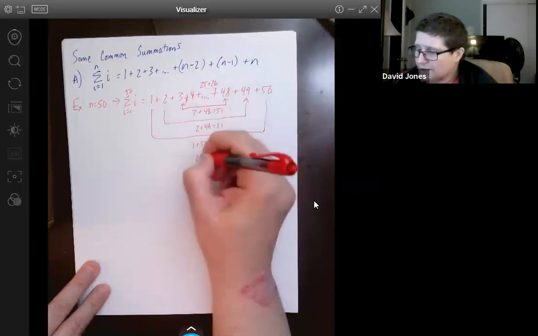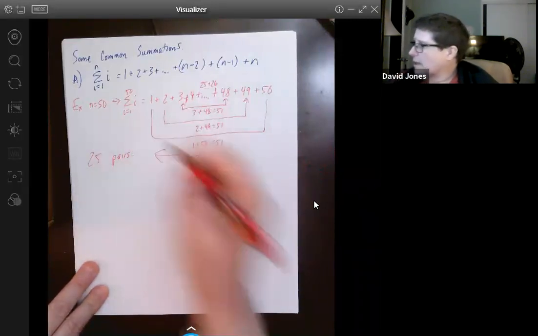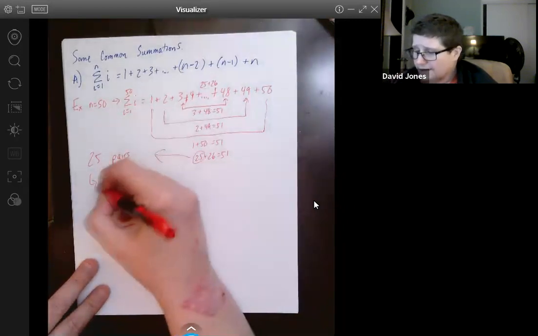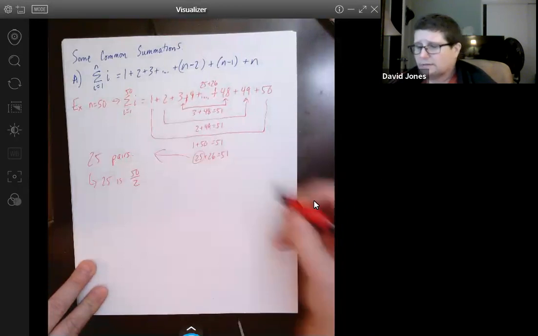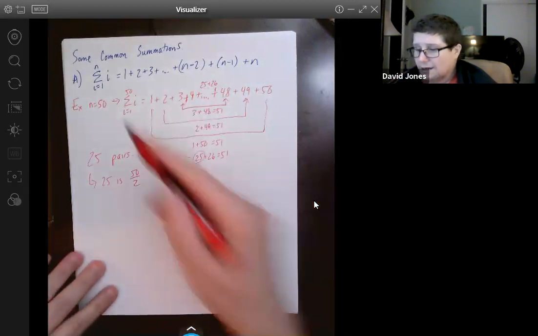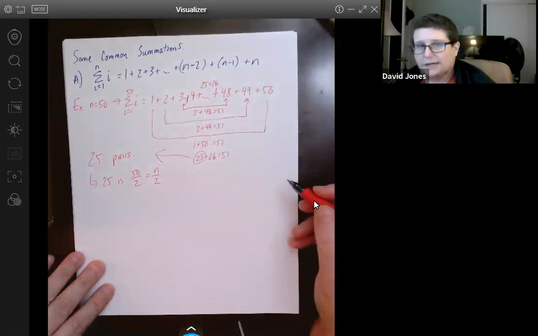There's 25 pairs, which, notice, 25 is 50 over 2, which is n over 2, because n was 50, right?